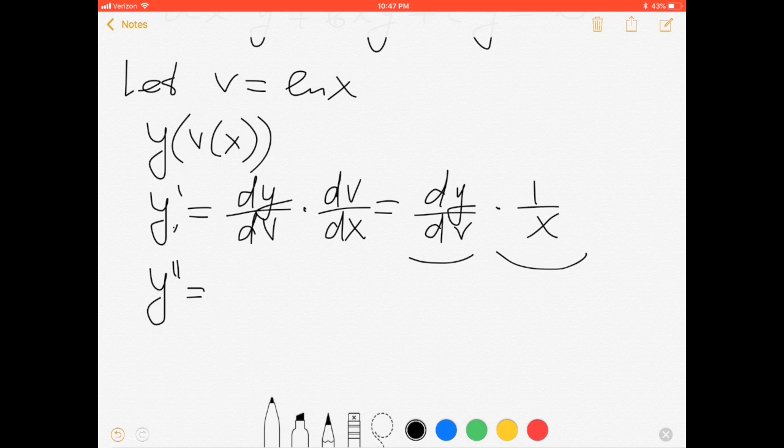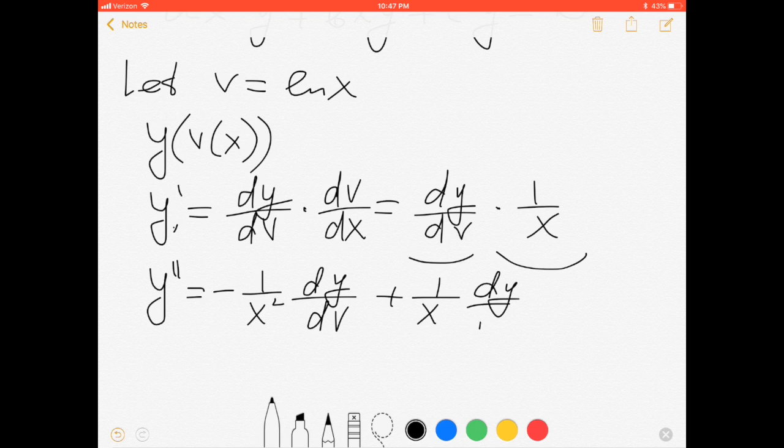We have minus 1 over x squared dy/dv, and here we have plus 1 over x d second y/dv squared times dv/dx.